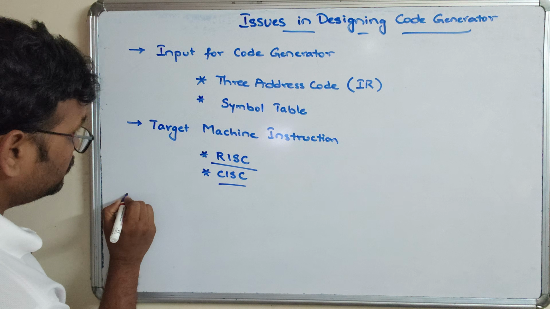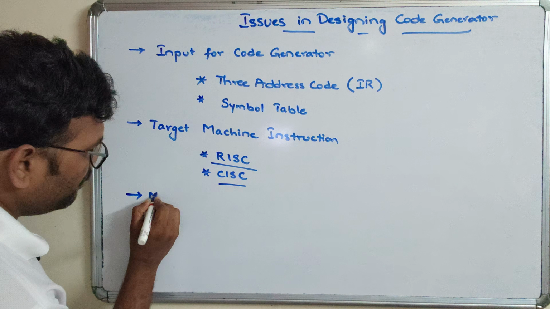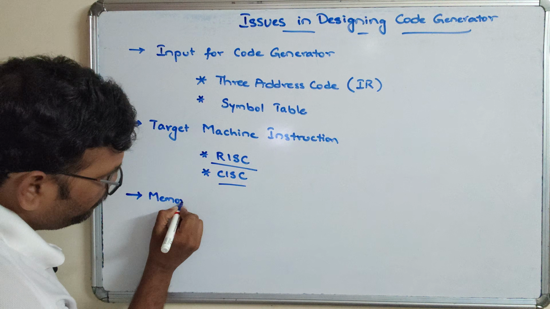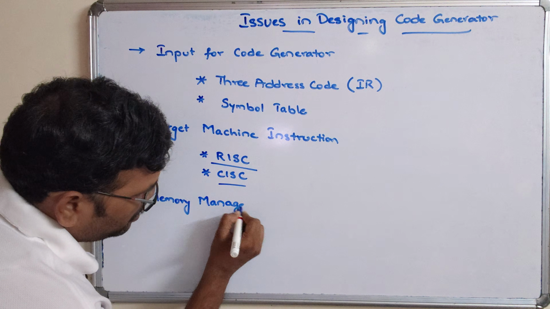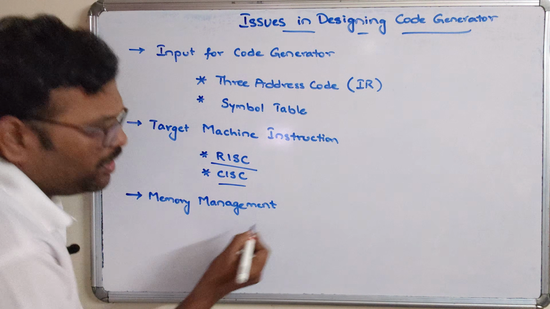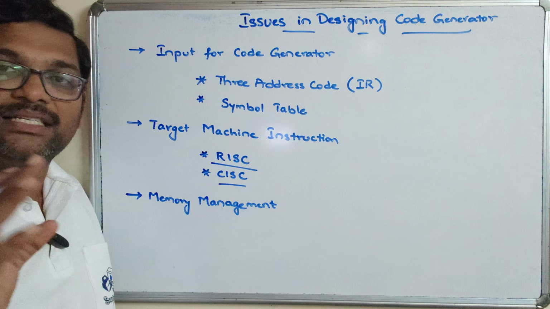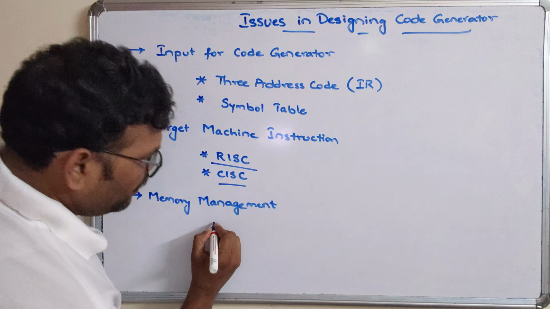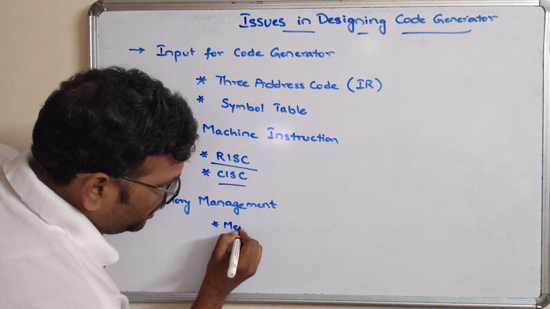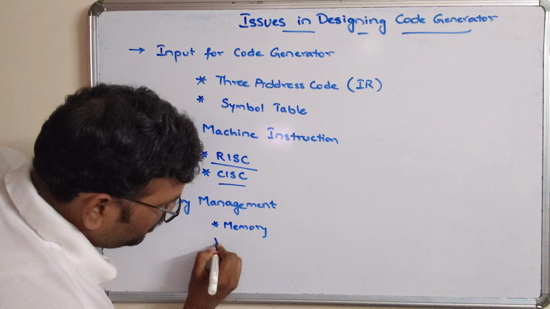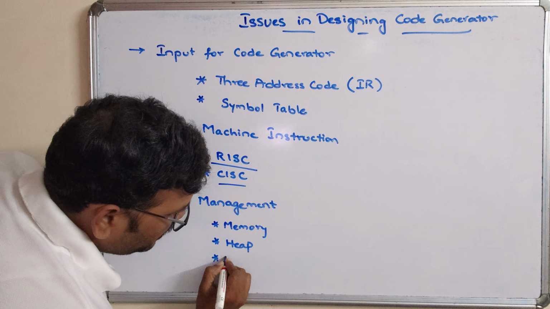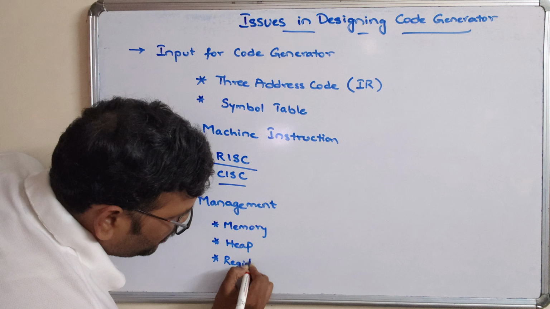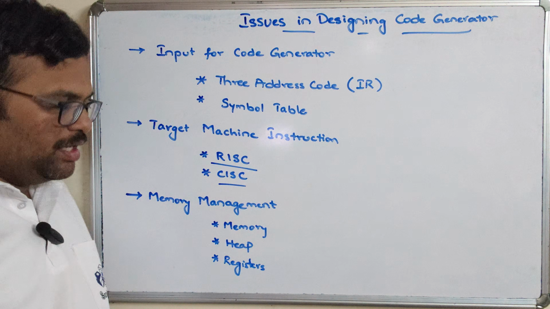And the third one is memory management. We know that there are different kinds of memories: normal memory, similarly heap memory, and registers.